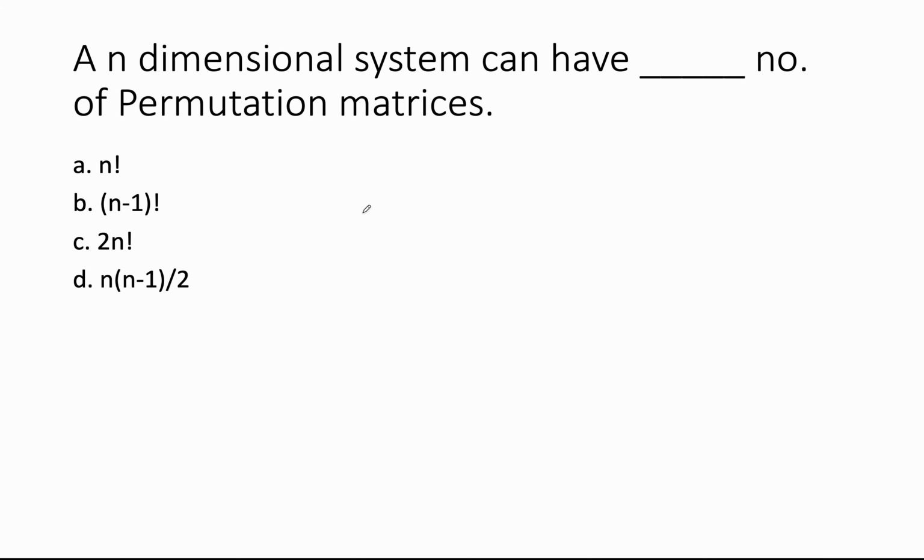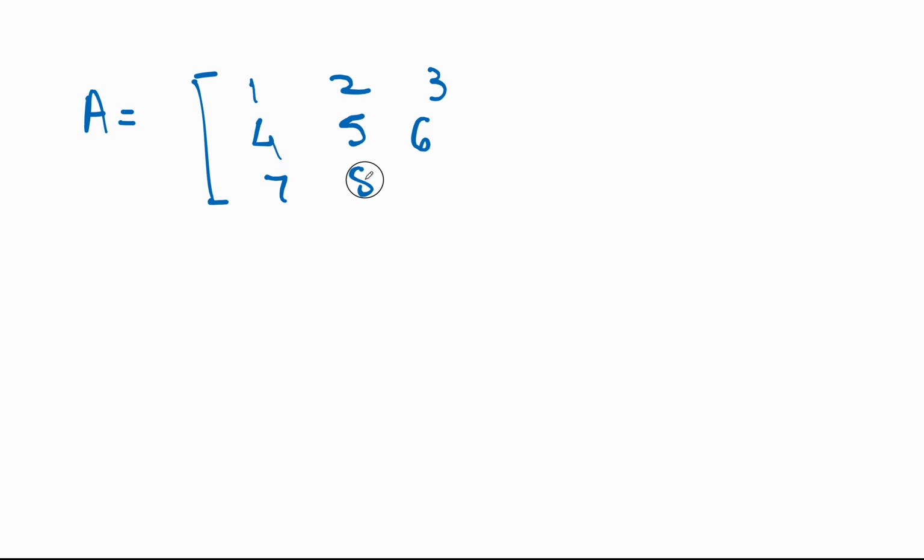The next question is, an n-dimensional system can have dash number of permutation matrices. So first we will see what a permutation matrix is, and once we understand that, we can easily answer this question. Let's say there is a matrix 1 2 3 4 5 6 7 8 9, and let's say we want to interchange row 1 and row 2.